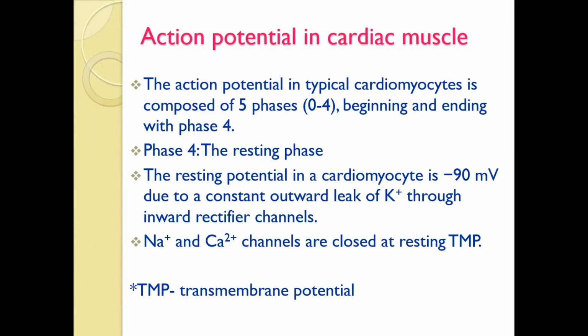Sodium channels and calcium channels are closed at the resting transmembrane potential. TMP here stands for transmembrane potential. Action potential in normal cells involves sodium and potassium channels, but in cardiomyocytes there are three channels: fast sodium channels, potassium channels, and also calcium channels.